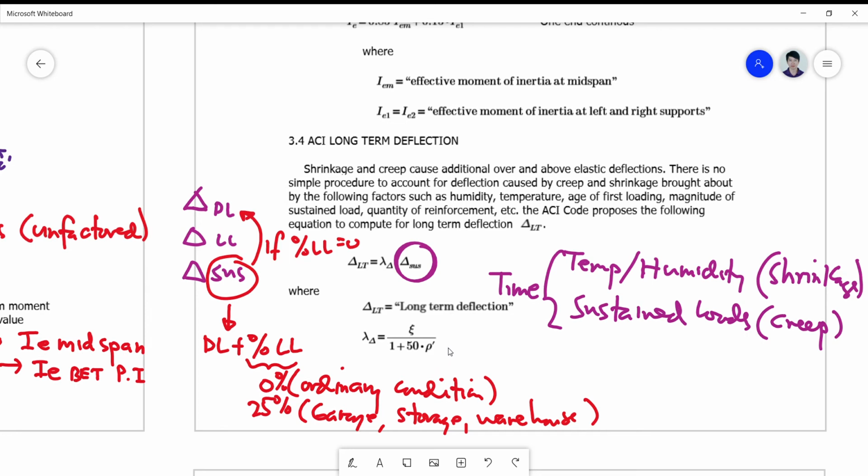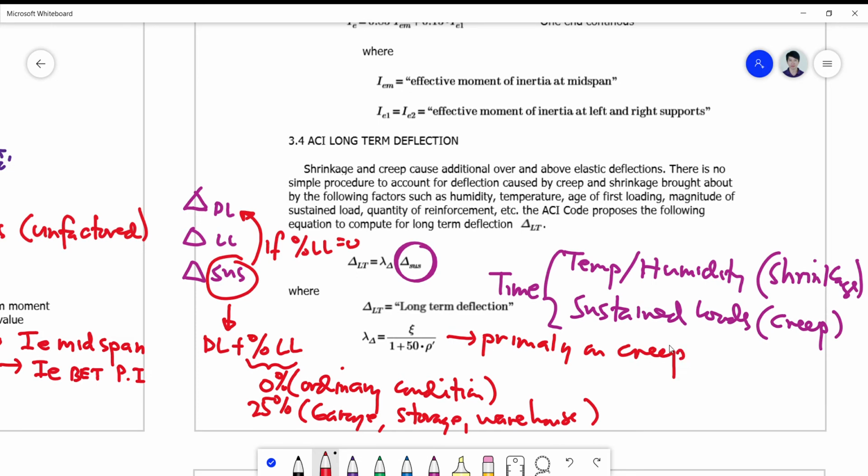Although in the ACI, the formula for lambda delta is actually focused primarily on creep deflection.